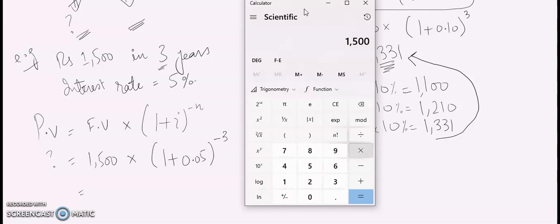1500 divided by what? 1.05 raised to power 3, bracket close. Yes. That comes to 1296, rounding off.